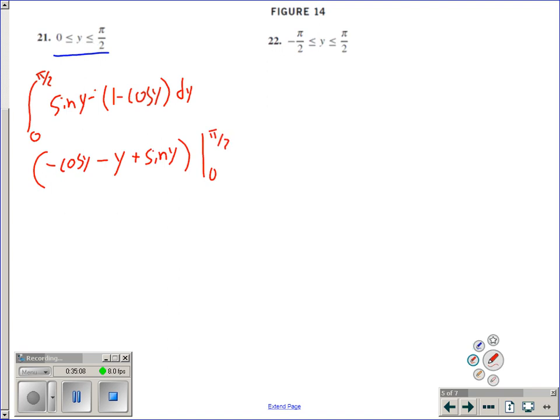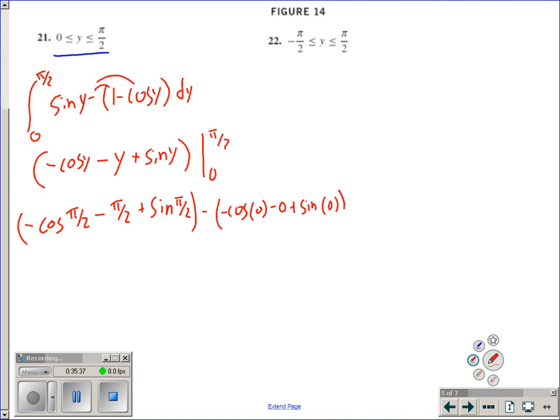And again, I distributed the negative before I took the integral. Okay. So plug everything in. So we got the negative cosine of pi over 2 minus pi over 2 plus the sine of pi over 2. Okay. All that minus the negative cosine of 0 minus 0 plus the sine of 0.